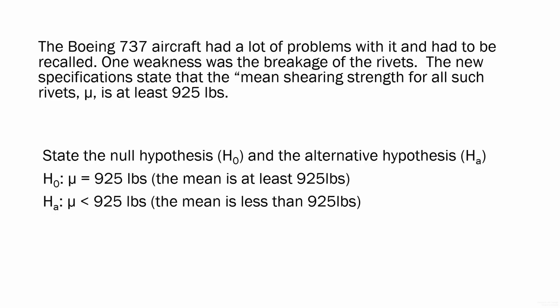So again, our population parameter of interest is the mean shearing strength of the rivets, and we've got our null and alternative hypothesis, the same as it was before. It either equals 925 pounds or it's less than 925 pounds.